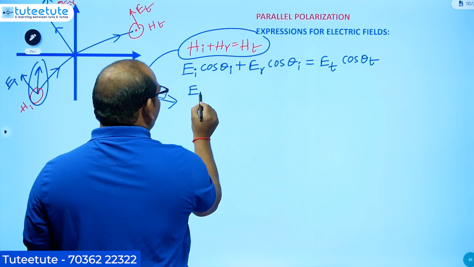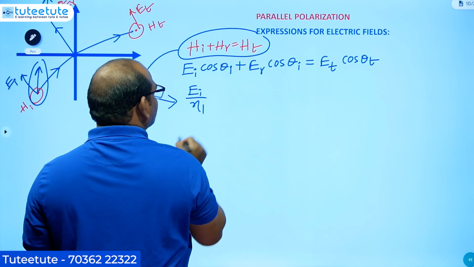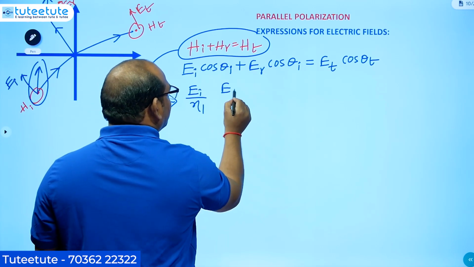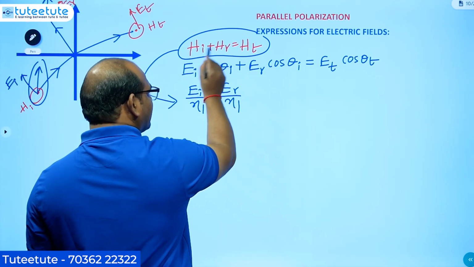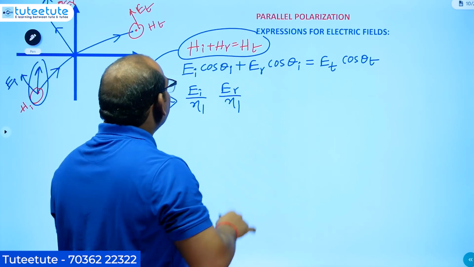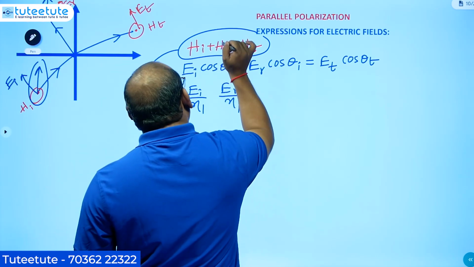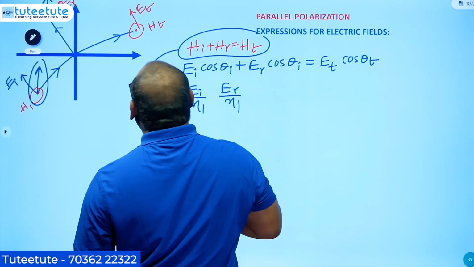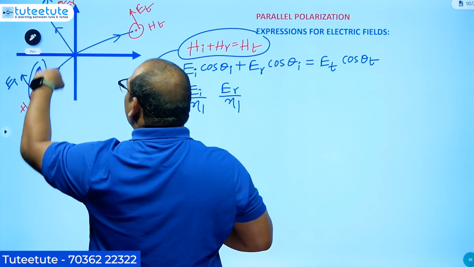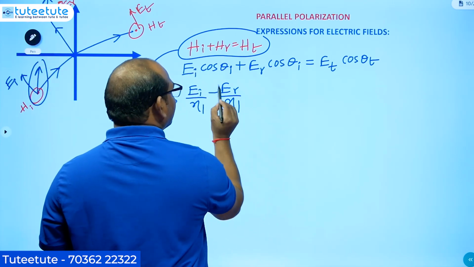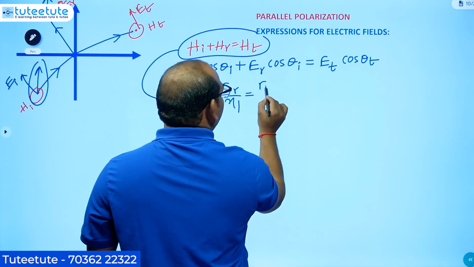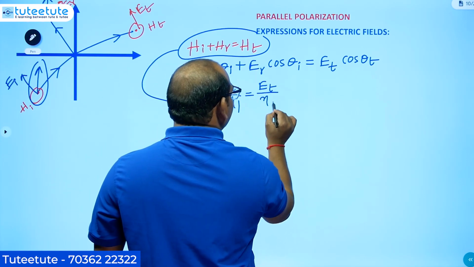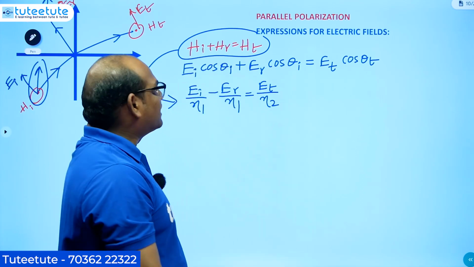So EI by eta 1, and it is ER by eta 1 only, because as I said earlier, related to medium 1 only. But here, because it is a reflected wave and it is an incident wave, if you see the orientations here, these are opposite to each other. So that here we can keep here minus symbol. It is equal to HT is given by ET by eta 2. Like this we can give.